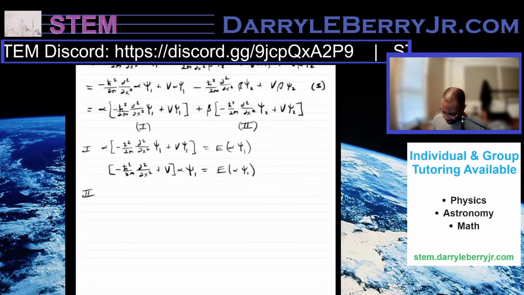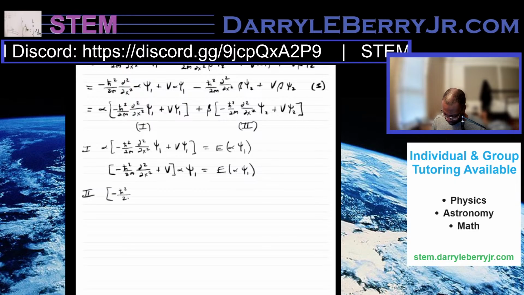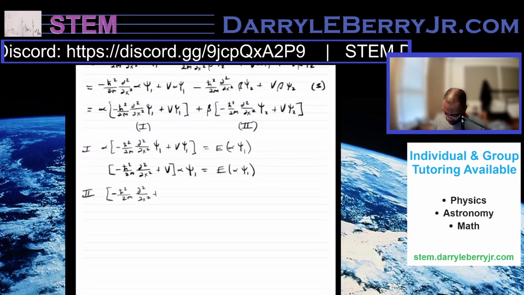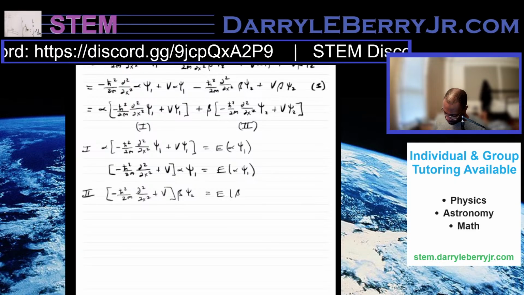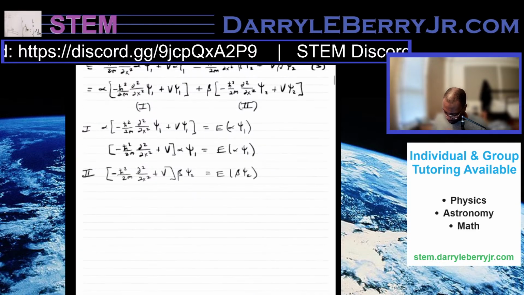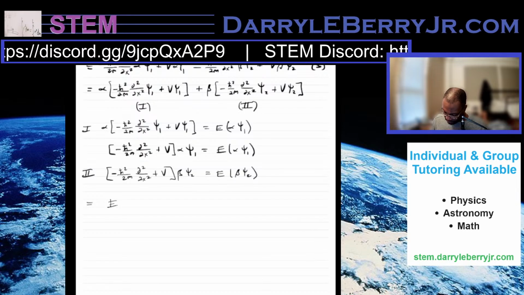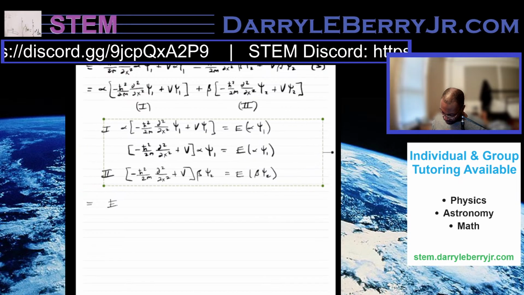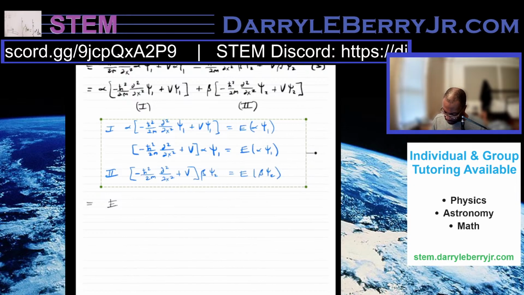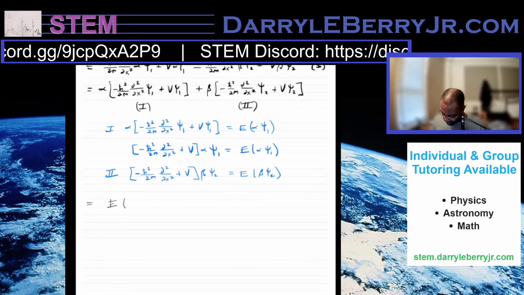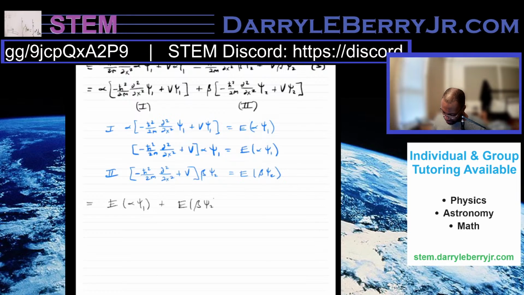It will give us the same thing by the same logic. So overall, this equals E alpha psi 1 plus E beta psi 2.